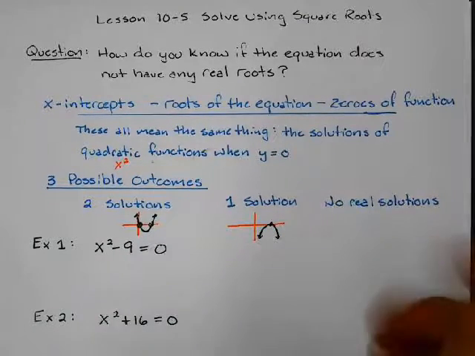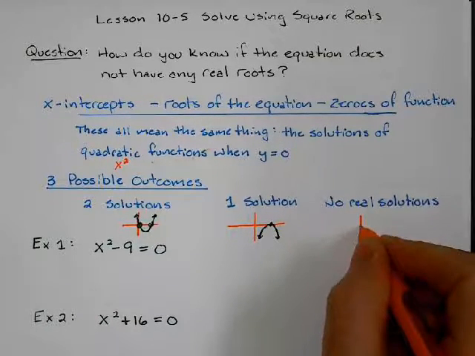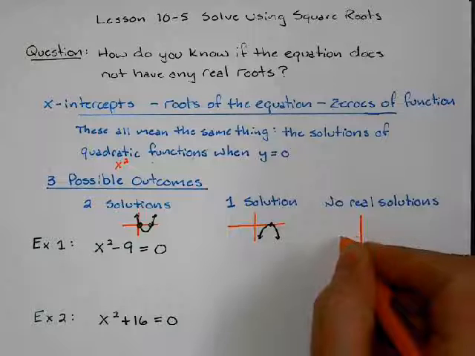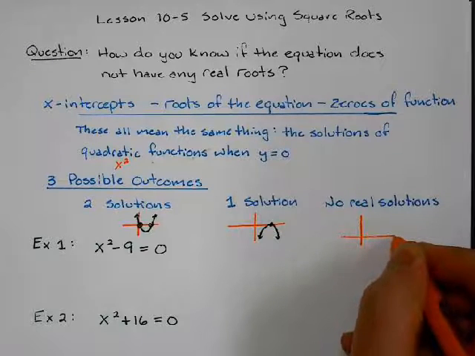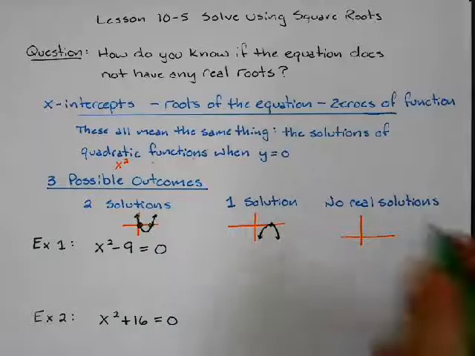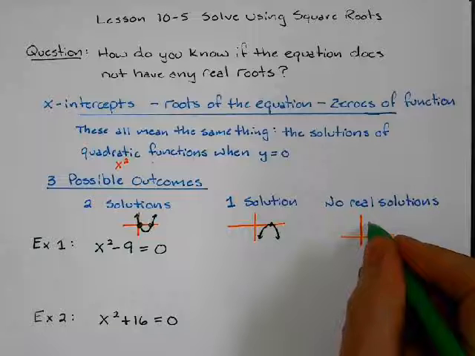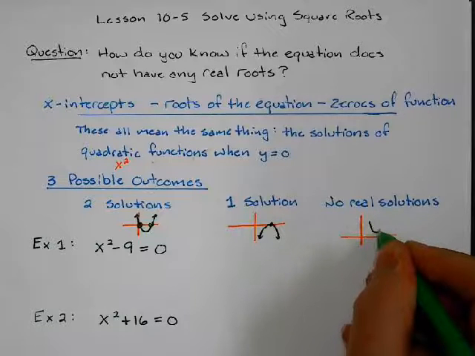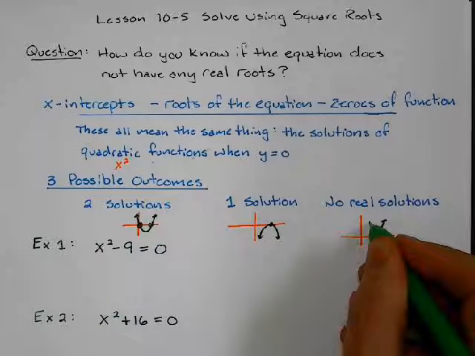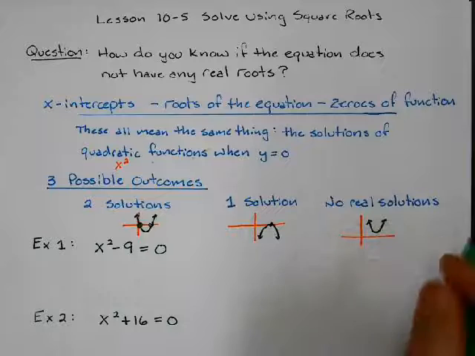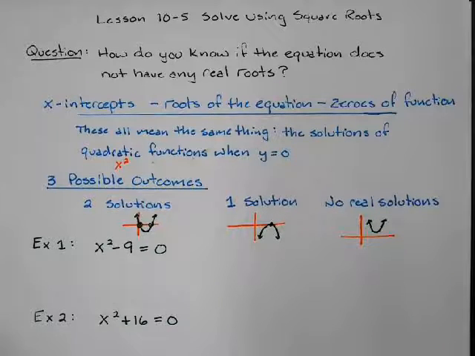And we only have one answer. And then, of course, it's possible to not have a real solution. Now, we say real solution because we're going to get to something called an imaginary solution in another unit. So we're going to call these no real solutions. There's always a solution, but sometimes the solution isn't actually real. I know it sounds weird, but it's a real thing.